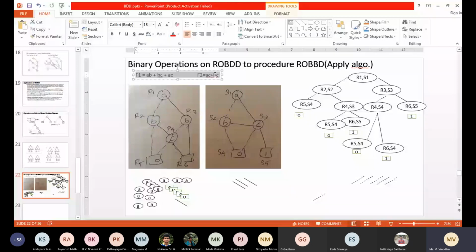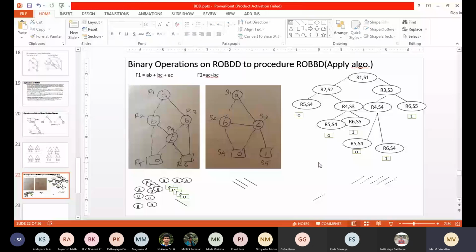The question is, you are given two functions f1 and f2, and the question is, find f1 plus f2. One of the binary operations we are considering. Only two operations are possible. One is OR, that is plus, or AND, dot. So now I am explaining you for the OR.